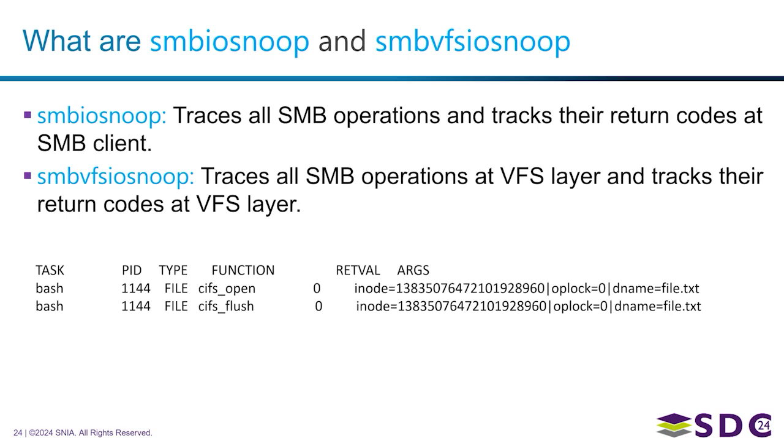SMB VFS snoop tracks the callbacks that VFS makes from the VFS layer to SMB and provides the return values here. As you see here, for example, for a cifs open, we are getting all the information, for example inode and file name, and also PID and the return value, what SMB is returning back to the VFS layer.